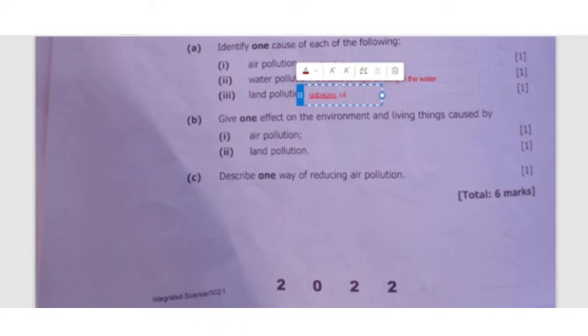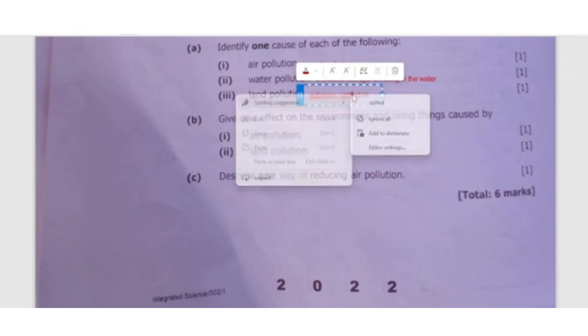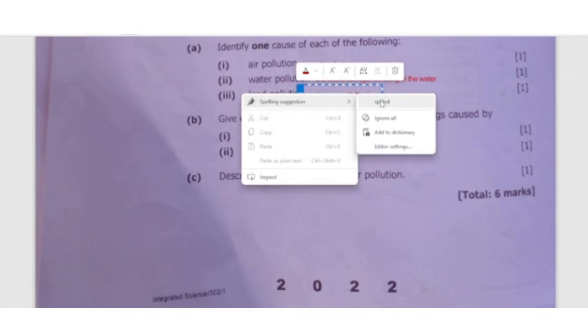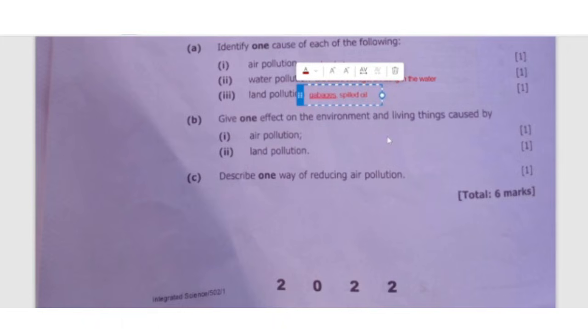But if I just say oil, it can be in a container, so you say spilled oil. Okay, so if you spill oil, you make sure that you take care of that place, and then we leave the place clean.